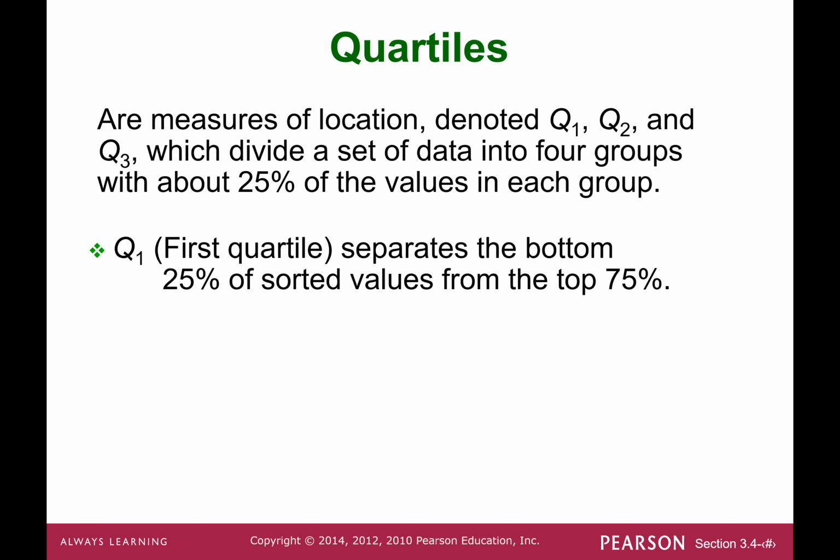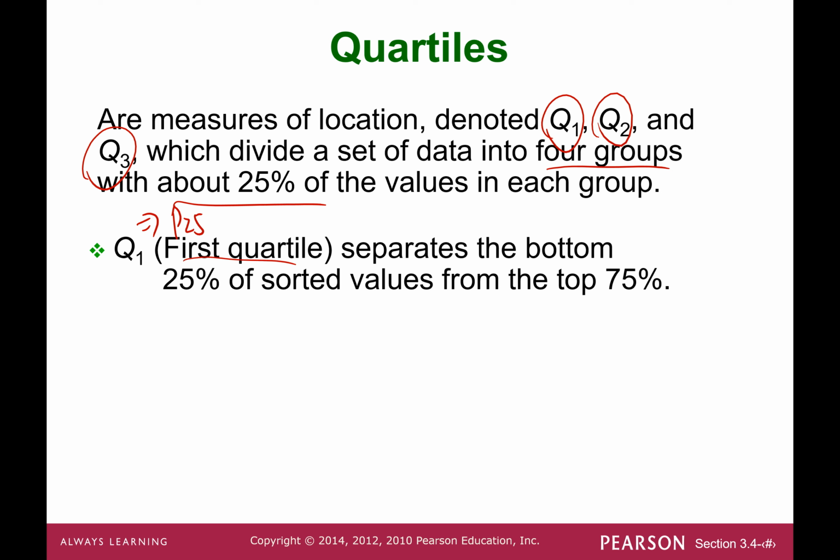Now let's take a look at quartiles. Quartile is still a measure of relative standing. We have quartile 1, quartile 2, and quartile 3, which divide the entire data set into 4 groups with about 25% of the data values in each group. Quartile 1 is the same thing as percentile 25, which we call the first quartile.